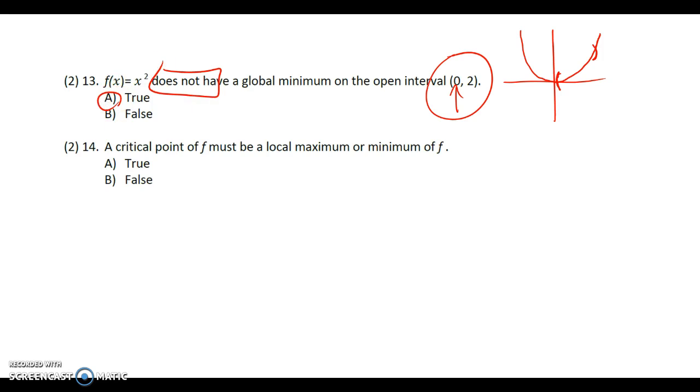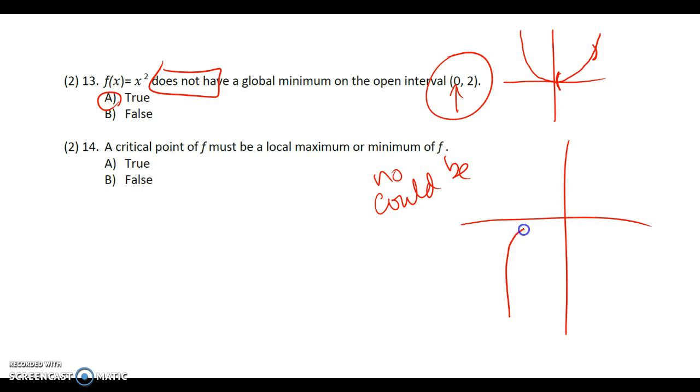A critical point of f must be a maximum or minimum, and that's no. It could be, but we have to test. It could be one of those things that looks like this, where it comes up and does that. So it does have, right here, slope of the tangent line equals 0. So we have to test it. That's not necessarily true.